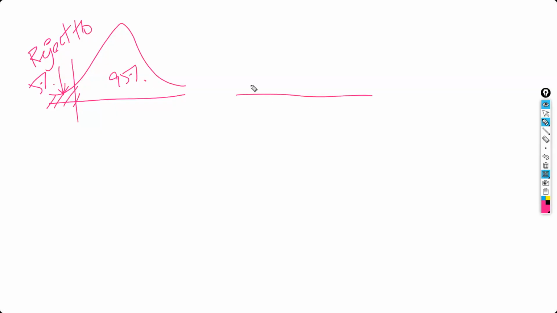Right tail rejection means that rejection of the null hypothesis is again 5%, and acceptance is 95%. This is a left tail test and this is a right tail test.